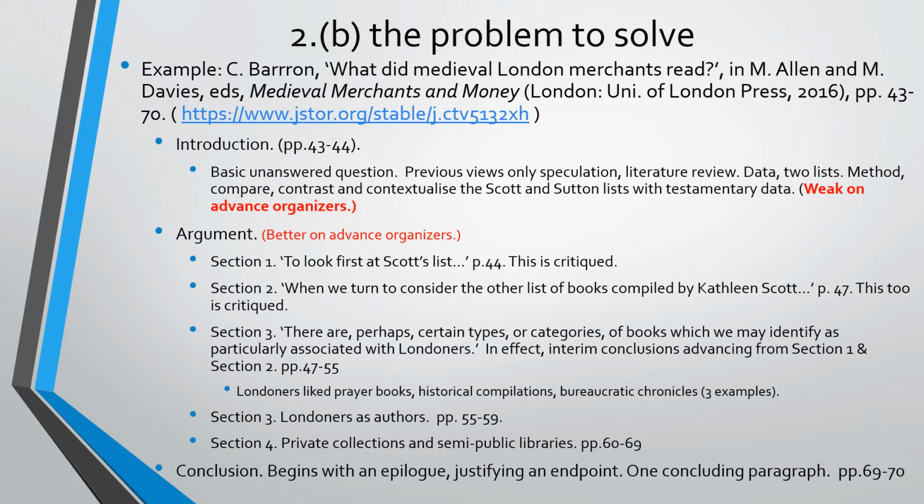She indicates her method, that she's going to compare the content of these lists. She's going to contrast that content with what we have in testamentary data. That's the information found in people's wills. She'll contextualize it, and she indicates the two authors who have previously done work in this area, Scott and Sutton.